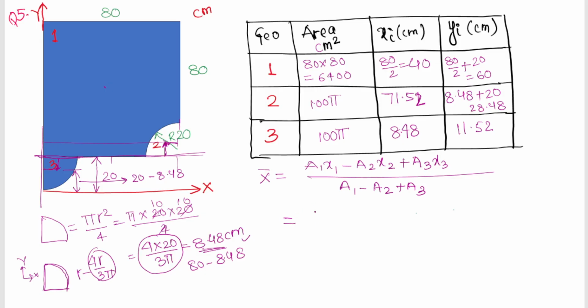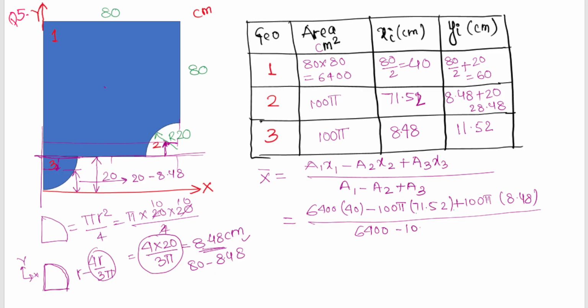So let's put the values. 6400 into x1, which is 40, minus, since the second element is negative, 100 pi into 71.52, then plus 100 pi into 8.48, divided by 6400 minus 100 pi plus 100 pi. This gets cancelled out.